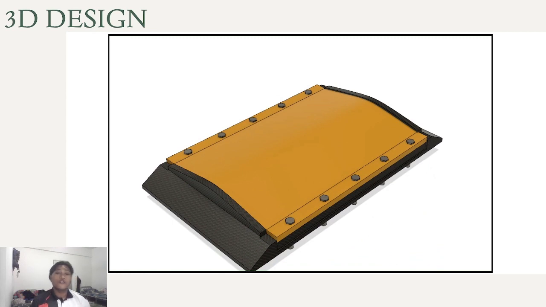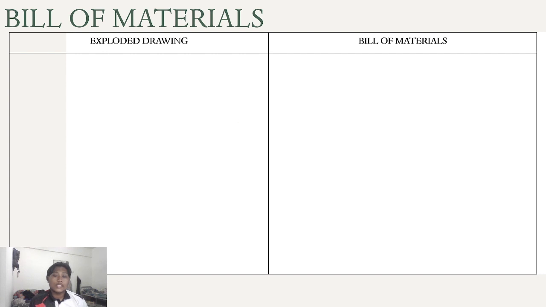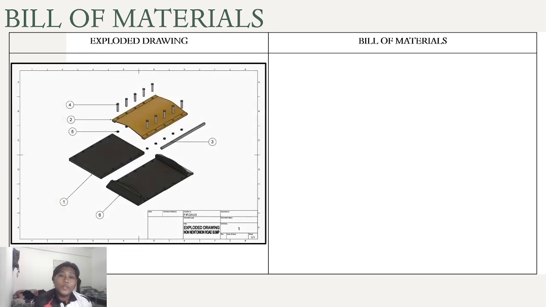Okay, for this rock bump, we can see we have an outer shell, which is yellow in color, a base plate, base, nut, and bolt. From the bill of material, we can see the parts of this non-Newtonian fluid bump: the first part is base plate, second part is outer shell, third part is fluid packaging, number 4 is bolt, number 5 is nut, and number 6 is base.